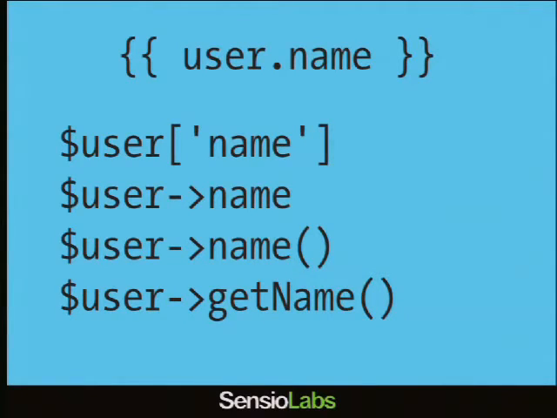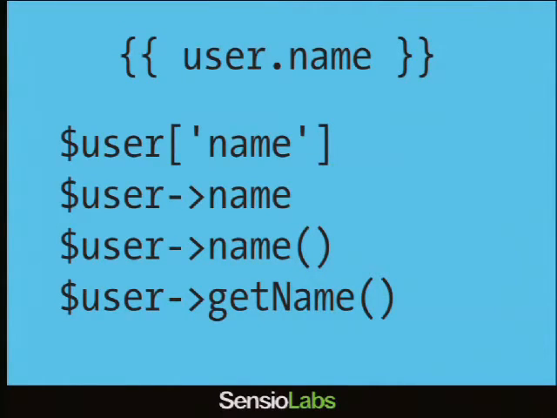It doesn't need to know if it is an object or an array or a string or whatever. It knows that if you want to get the name property of the user variable, it can just use the dot. And behind the scene, Twig is going to try several different things.